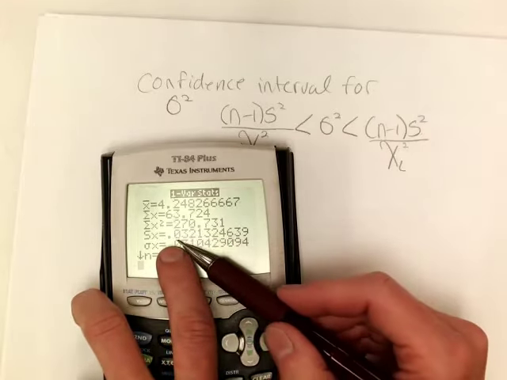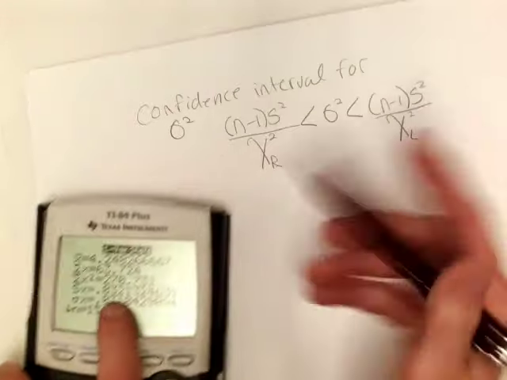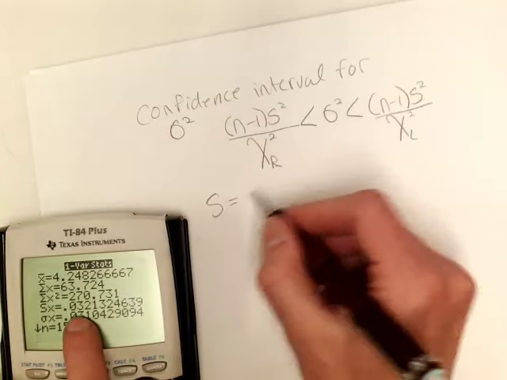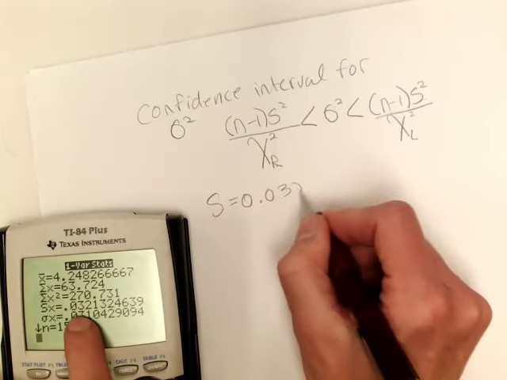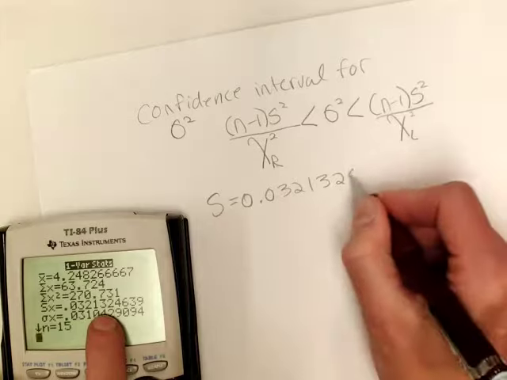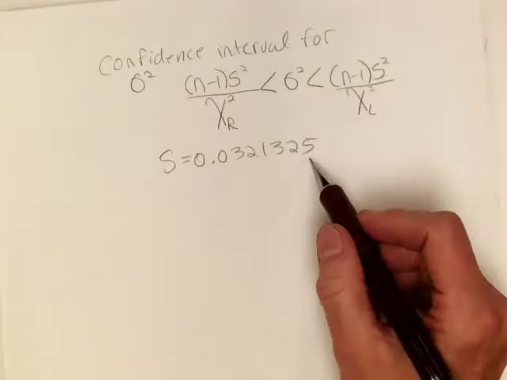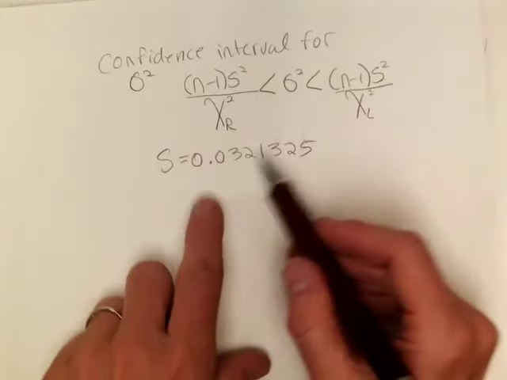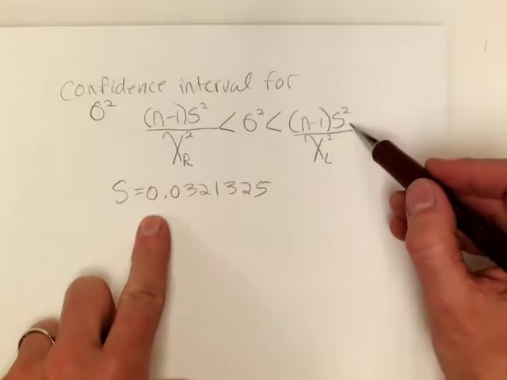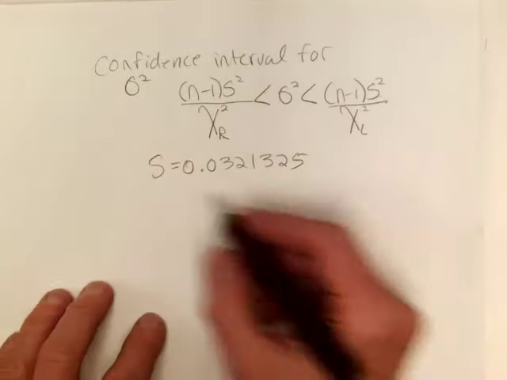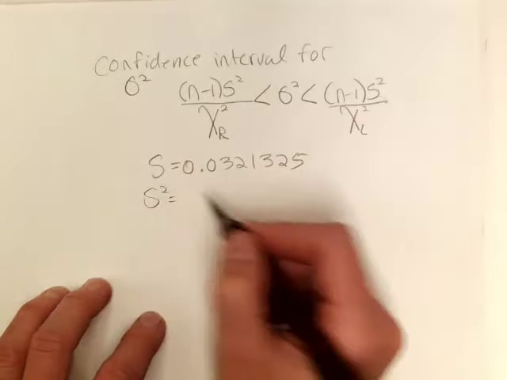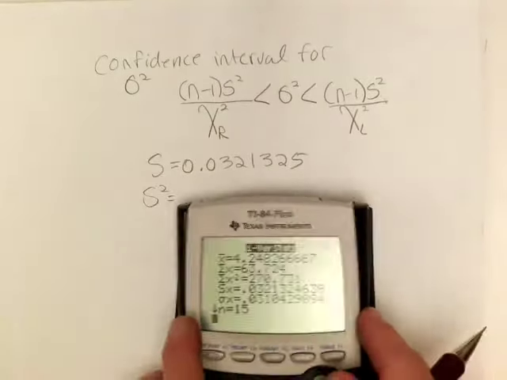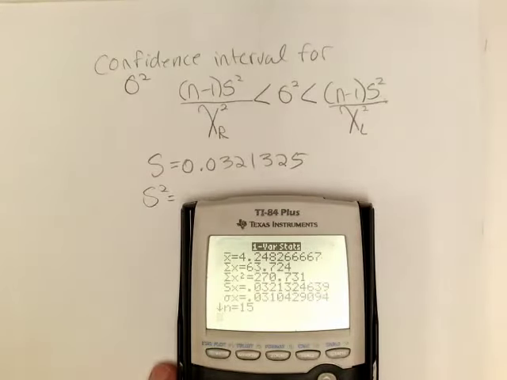So I'm going to take this value, S, and let me carry it out a few decimal places so that I get a good approximation for the sample variance. This is the sample standard deviation. The formula by hand requires the sample variance, so I want to take that value and square it.